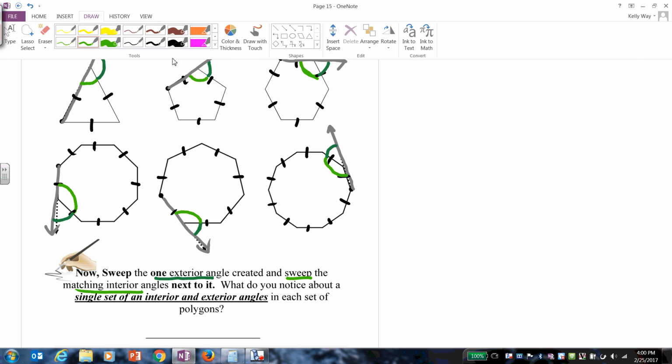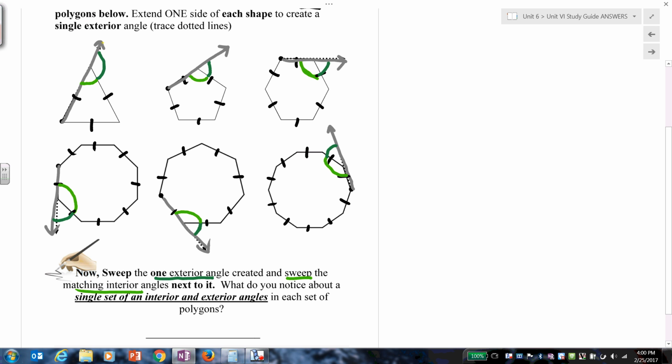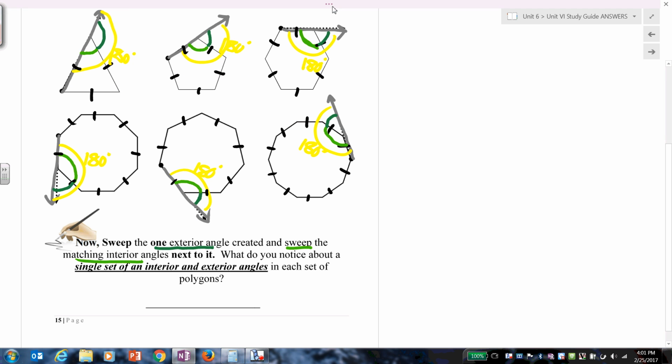Let's sweep every single one. Ready? Sweep, sweep, sweep, sweep, sweep, sweep. You should notice, regardless of how many sides, that the exterior and interior angles are automatically supplementary. So we're going to write that here.